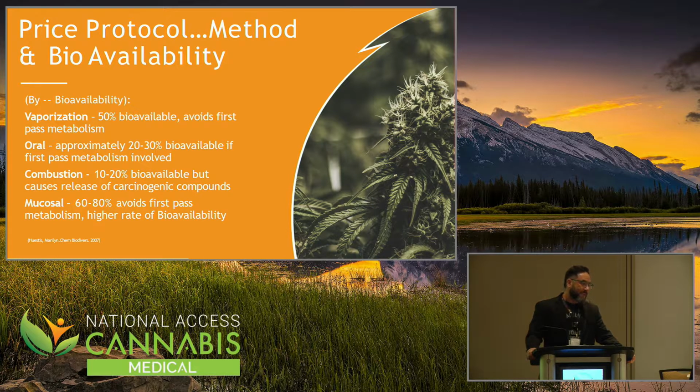Okay, so vaporization, for example, has 50% bioavailability. I have to use simple numbers like 10 and 20%, because we can always break those down really simply. So let's say we have a 10% strain. This has 10% THC.